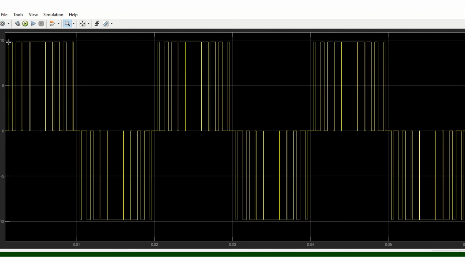You can see here that the sinusoidally varying input is compared with the rectangular value, and the pulses are generated. The width of these pulses depends on that sinusoidal sequence, positive half cycle, negative half cycle. Magnitude of this is 10 because we are applying a 10 volt supply, and the resistance was also 10 ohm. So therefore output was 10 volt.